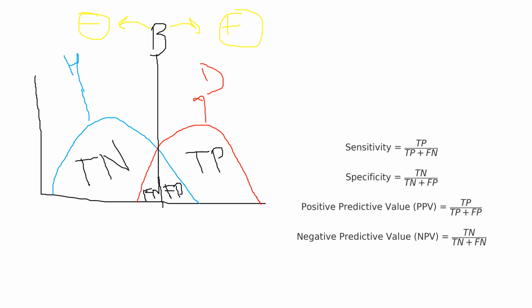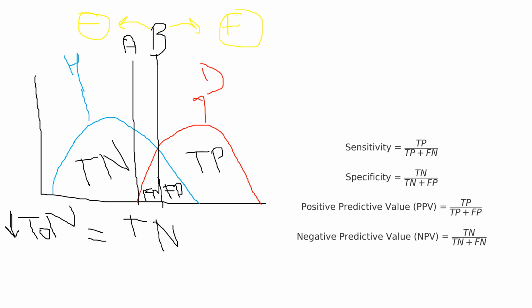Okay, so let's say the new cutoff value is moved to here. Now this is the new cutoff value, let's call it A. Now the total number of people who are tested negative has decreased. If the total negative has decreased, that would mean that both true negative and false negative have decreased.